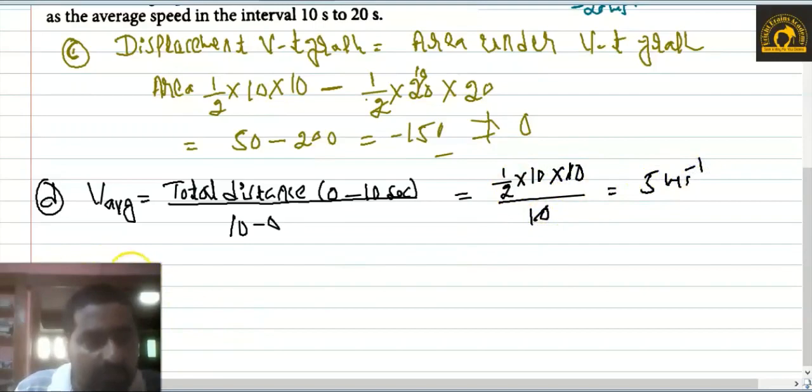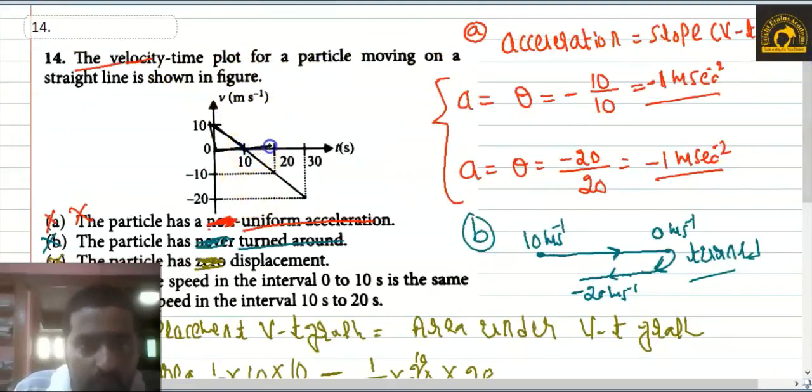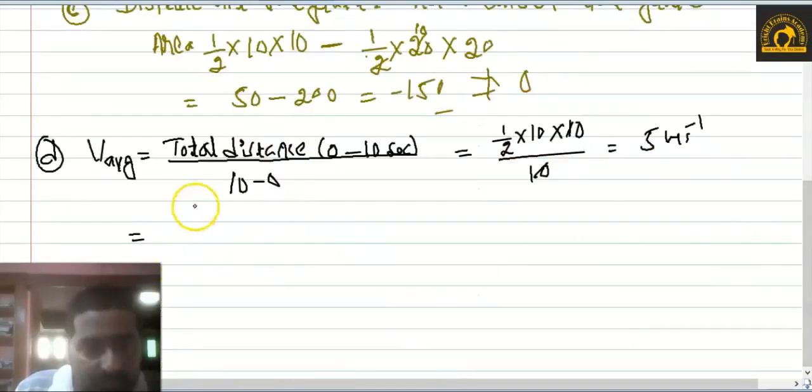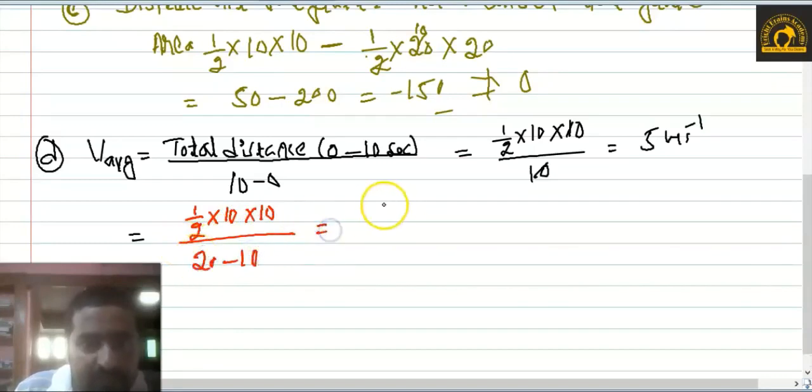Then 10 to 20. Let's see 10 to 20, this one. Half into base into height, base is 10, height is 10, divided by time, 20 minus 10. So the answer is 5 meter per second.